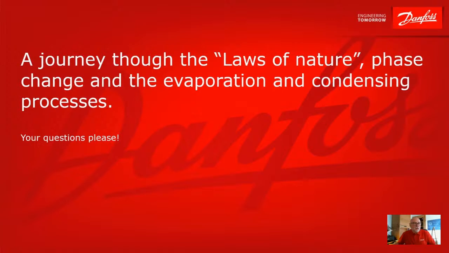There is someone asking, what is superheat? That's a good one. Superheat is when the vapor, after it has been evaporated, is heated above the evaporating temperature. Let's say the refrigerant has completely evaporated at 10 degrees Celsius, but you keep heating the refrigerant up to 15 degrees Celsius.